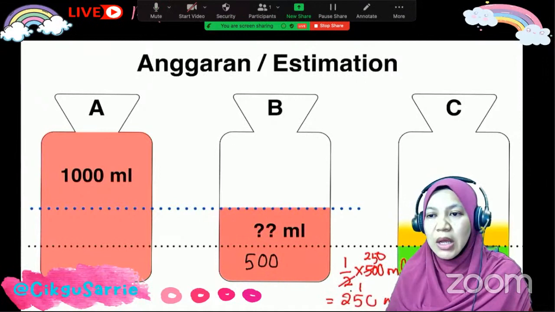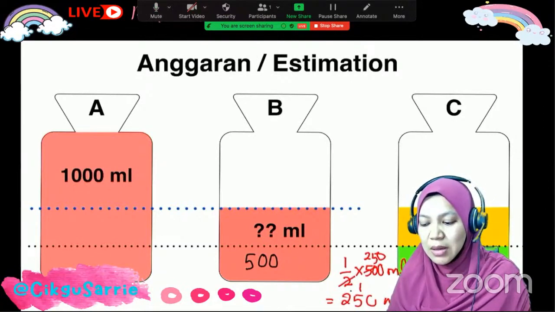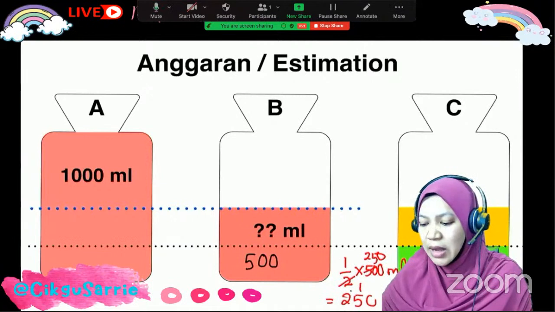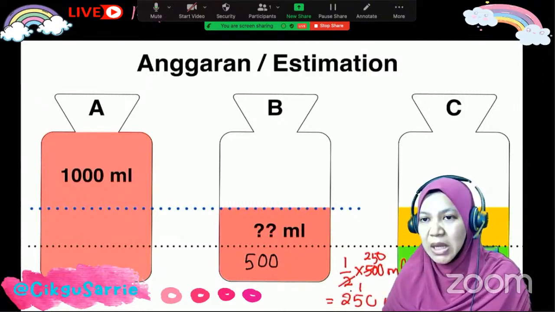Okay, right, next. If we add on the water in tank C, we can see that the volume of tank C now is about the same as the volume of tank B, which is 500 milliliter.